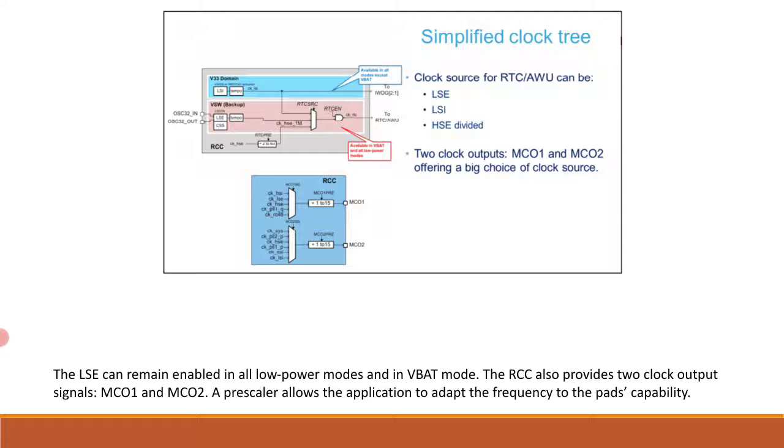Note as well that if LSI is used as a kernel clock for RTC or AWU, the RTC or AWU will no longer be clocked if the VDD and vCore supply are removed. If HSE divided is used as a kernel clock for RTC or AWU, the RTC will no longer be clocked if the system goes to stop mode or if the vCore supply is removed. The LSE can remain enabled in all low power modes and in VBAT mode.